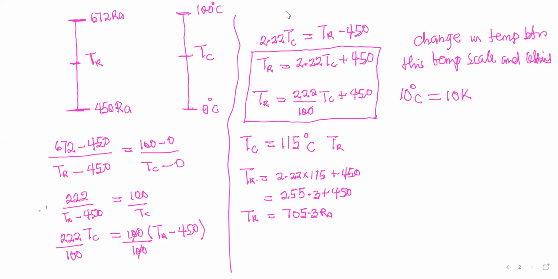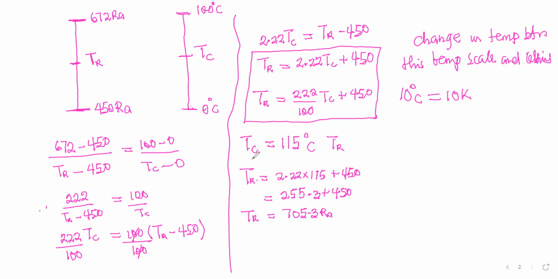Sir, please, I got 2.22. Yes. What's the ratio between Celsius and this scale? I thought you said between this scale and Celsius. Okay, this scale and Celsius. It's 672 minus 450 all over 100 minus 0.